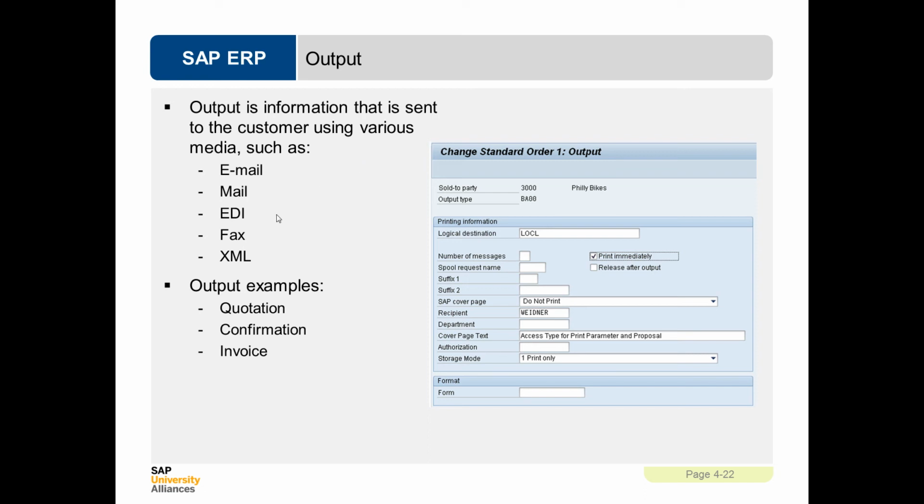Now, the output document typically is going to be a confirmation of a sales order, but it could be something as simple as a quotation in response to a customer question, or it could be a final invoice. If this is a customer, for example, that has a blanket purchase order with you, and so every time you ship to them, upon shipment, you create an invoice.